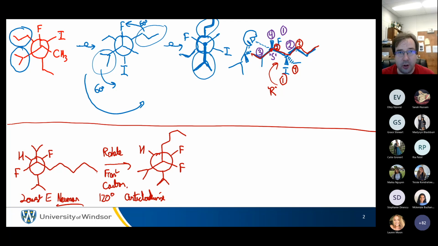You have tables of A values you can look up. Basically, what an A value and steric bulk are all about is how the stuff that is close to me bothers me. Yes, there is a lot of stuff attached out here, but functionally, this chain is no different than if it was just an ethyl group, because all I really care about is what is going on with this carbon.